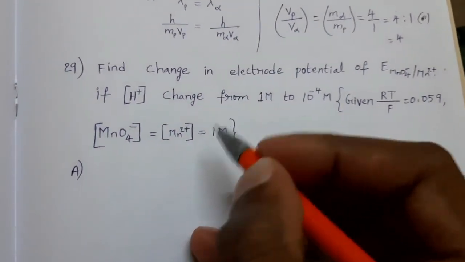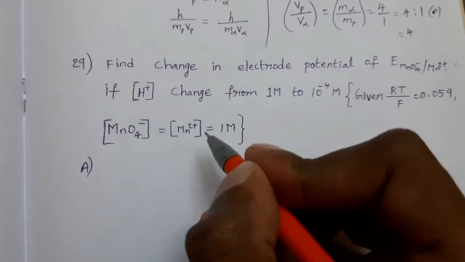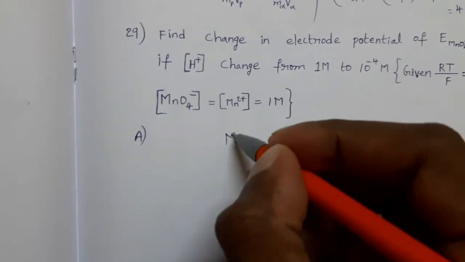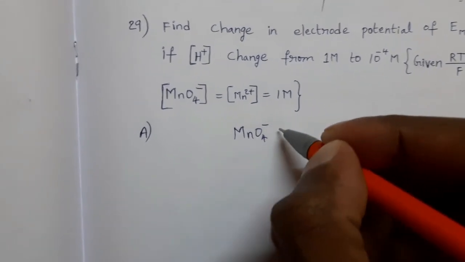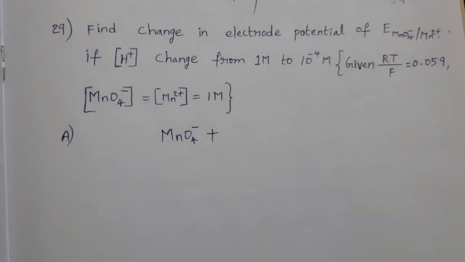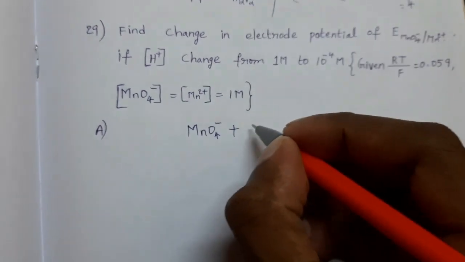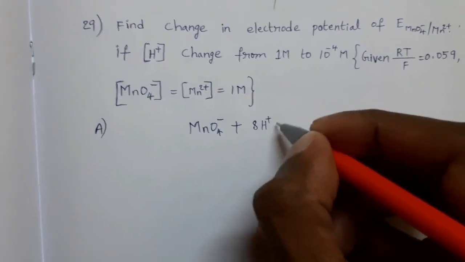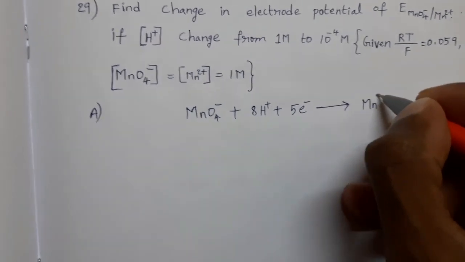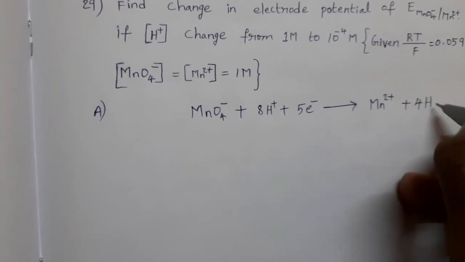Before that, we have to find suitable equation for this conversion. MnO4 minus change it to Mn2 plus means when KMnO4 reacts with sulfuric acid, then we can get this reaction: MnO4 minus plus 8H plus plus 5e minus gives rise to Mn2 plus plus 4H2O.